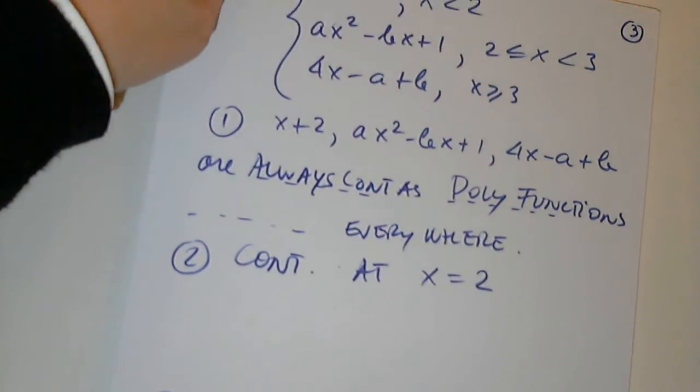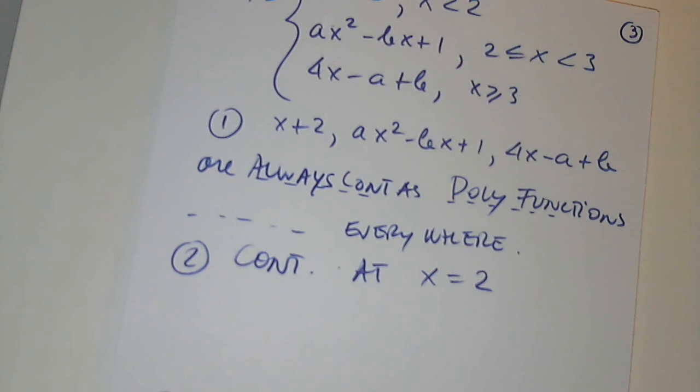What does continuity at x equals a number mean? What do I have to write? Yes? The two equations need to be equal. Nope. You are way ahead. Back to your notes, please, from last time.